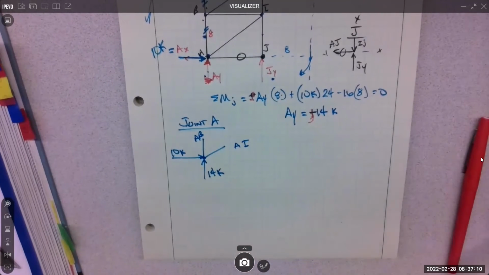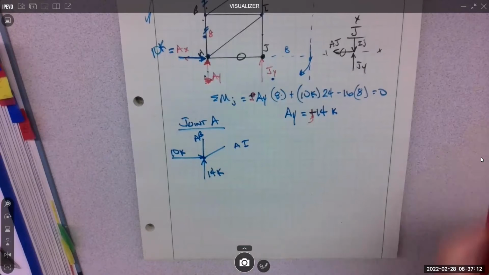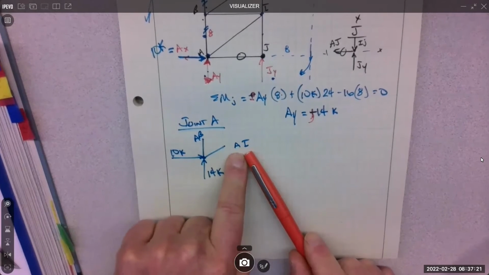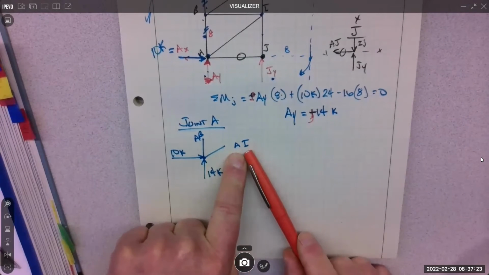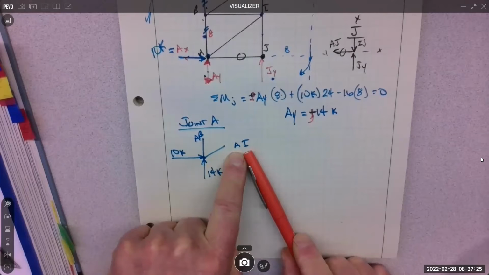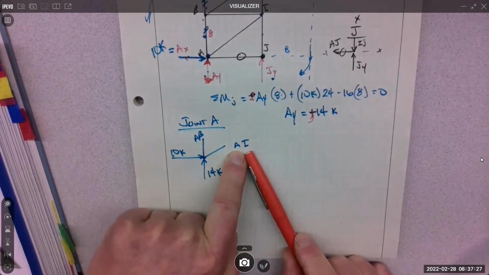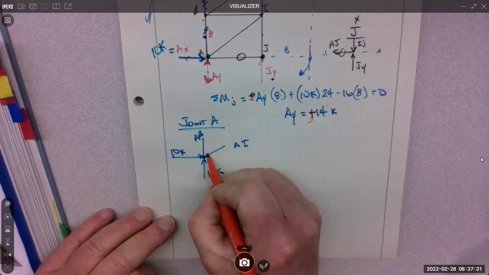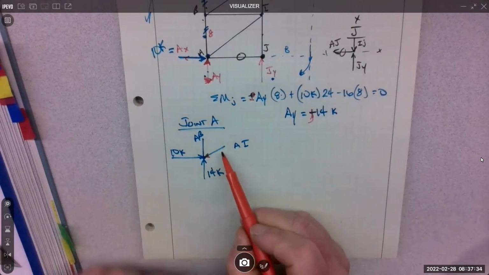But it's there. And you notice I didn't put any arrowheads on there. I'm guessing that AI's got to do what, direction-wise? Yeah, it's got to fight the 10K, doesn't it? So it's got to go in, but I don't know how big it is.